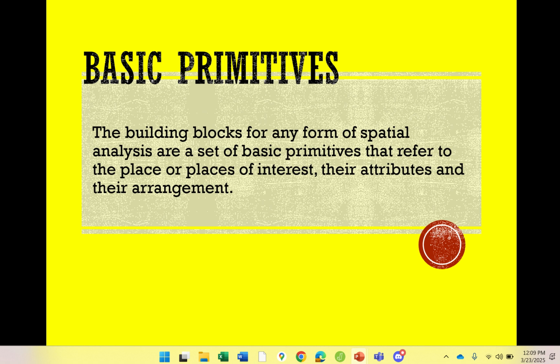These are the basic building blocks that we use to create geographic data. In the last lab, we used something called a shapefile, right? Which is basically a file which contains a bunch of different components, both spatial and non-spatial characteristics.